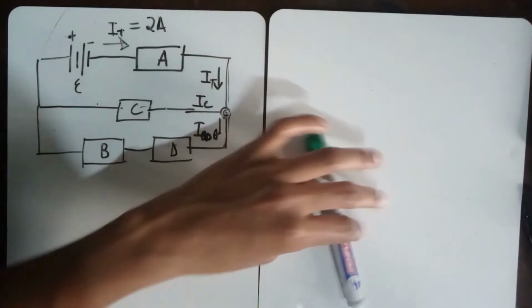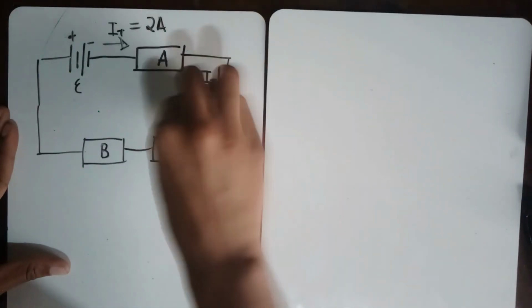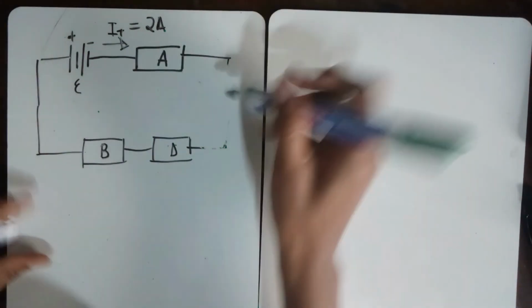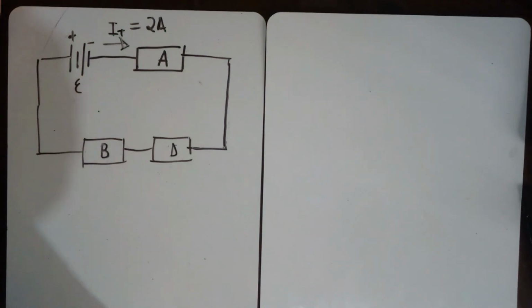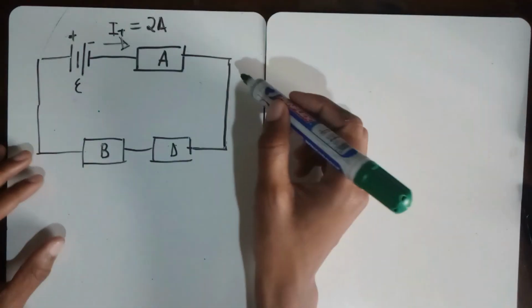So now question 8.2.2 says they remove this resistance here, and this is what we are left with. And they're saying to us, how will the current in resistor B compare to the current in A? Look at this, still using unconventional current.